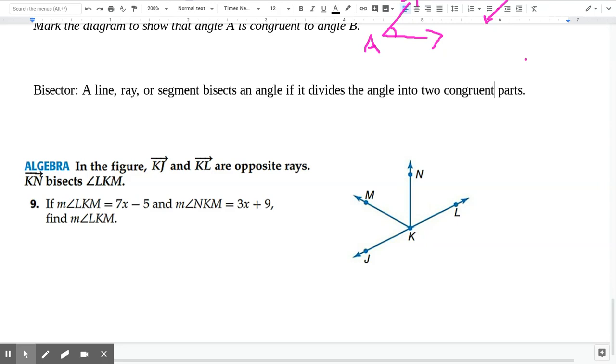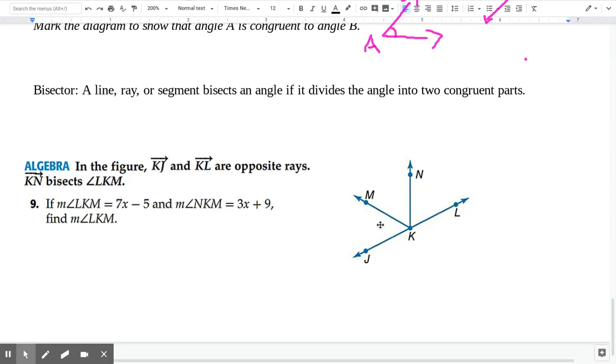So in other words, a line, ray, or a segment, all of those are related to a line. If they go through an angle in the middle and bisect, they're going to create two equal measurements, so two congruent angles. They're going to cut the angle in half, in other words.